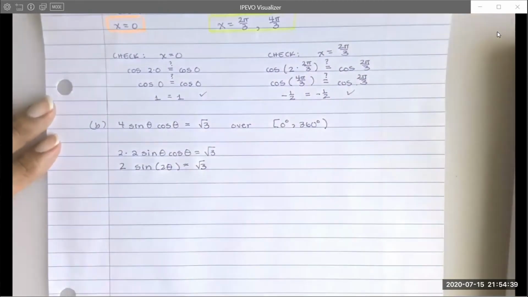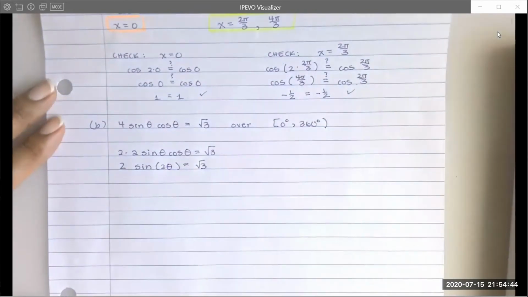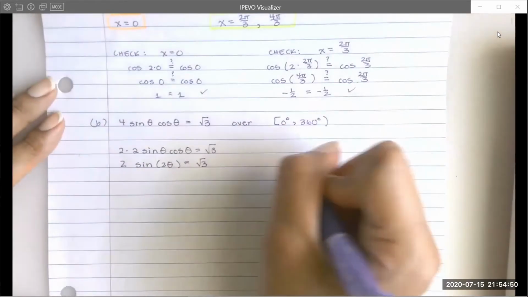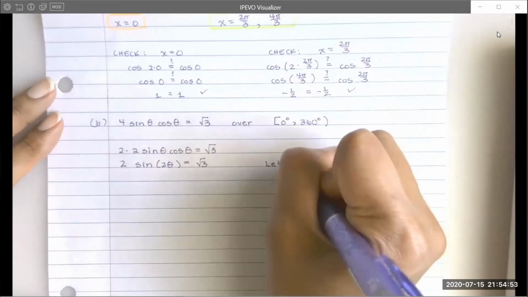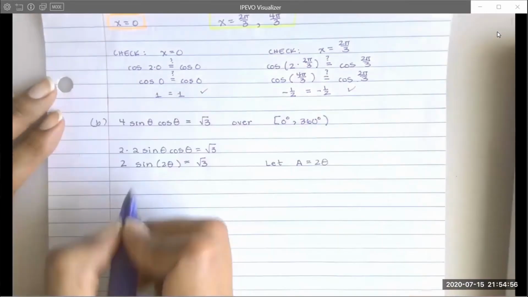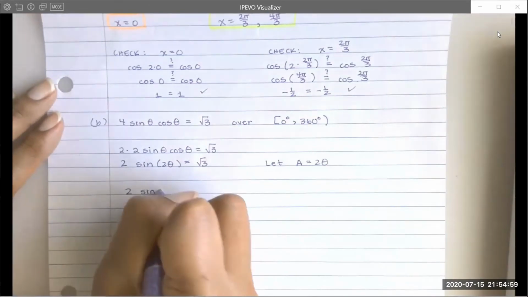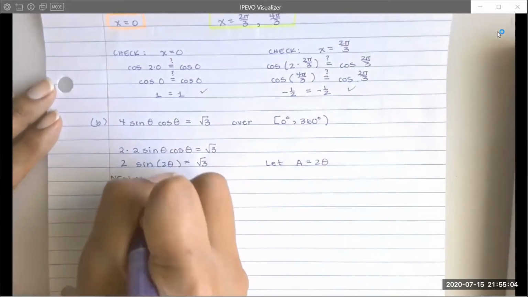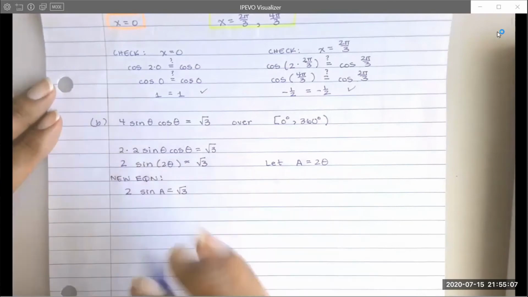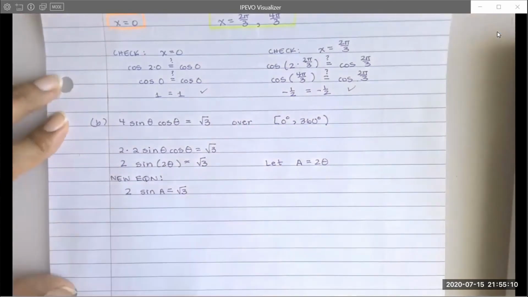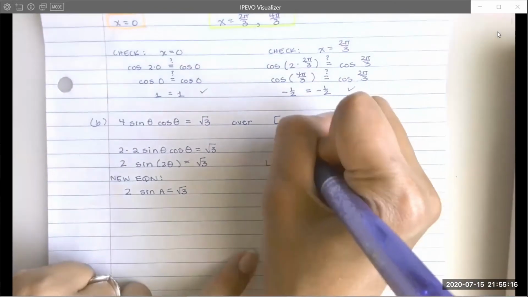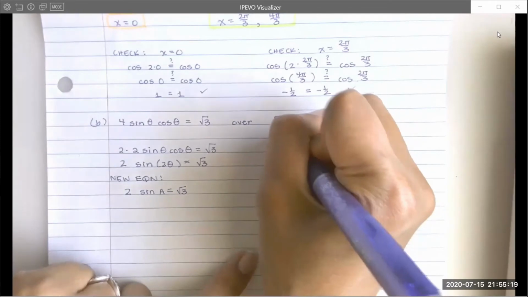And so I can replace 2 theta, the argument, with a single variable just to make my problem a little easier. I can let a be equal to 2 theta, and I'd get 2 times sine of a is equal to radical 3. Now I have a new equation, 2 sine a is equal to radical 3. On top of that, originally we wanted theta to be between 0 degrees and 360 degrees.